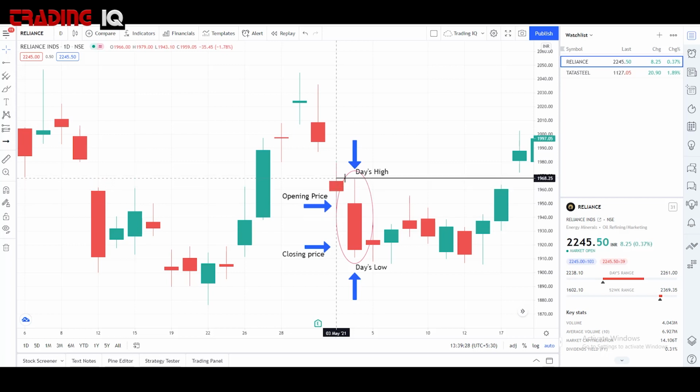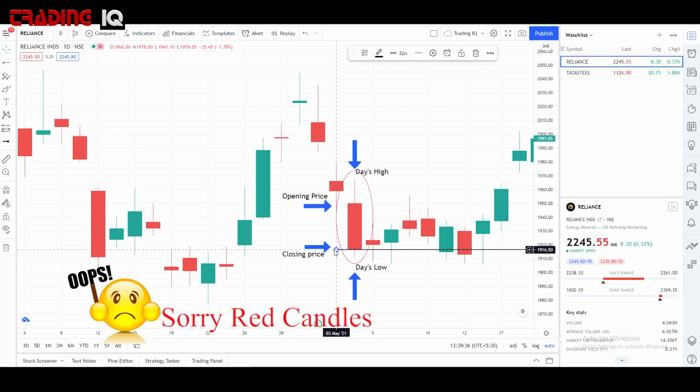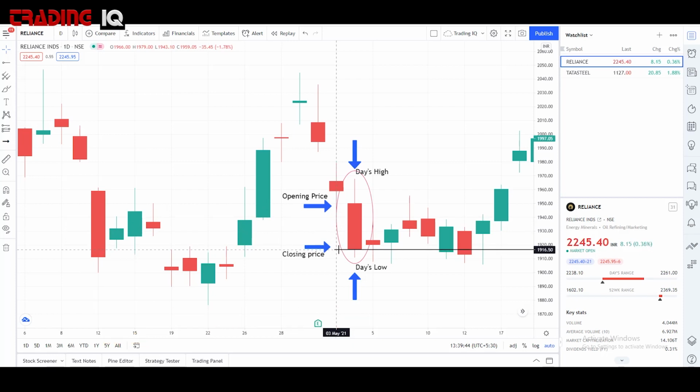It made a high at this point, it made a low at this point, and it closed here. So since a red candle represents a bearish outcome, that means price went down from this point to this point, and while it did that, it made a high at this point, it made a low at this point. That's it.